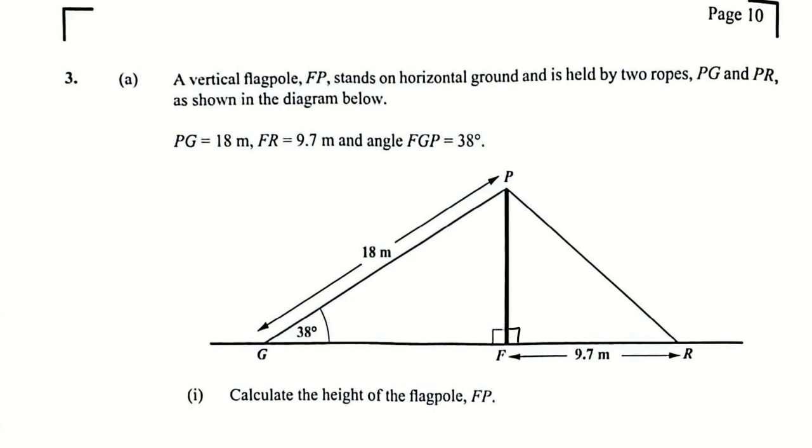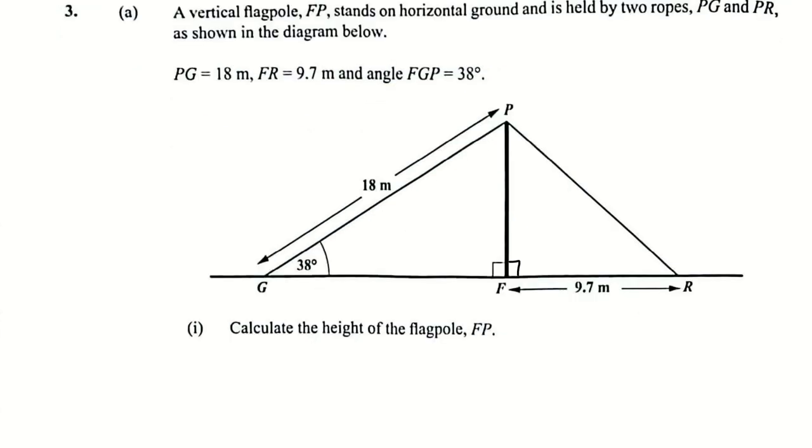They say that PG is 18, FR is 9.7, angle FGP is 38. Calculate the height of the flagpole. Now, in this one, we only get one thing, so you're not going to use triangle PFR. You'll be using triangle PFG.